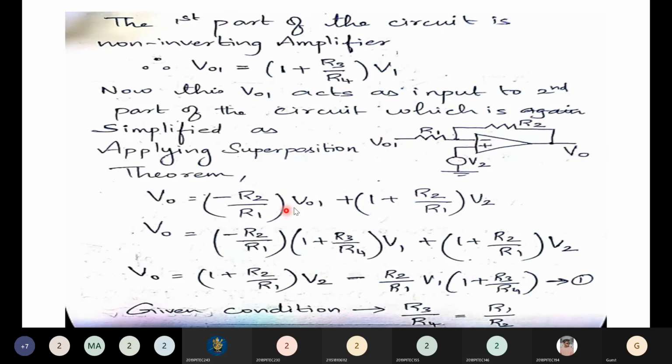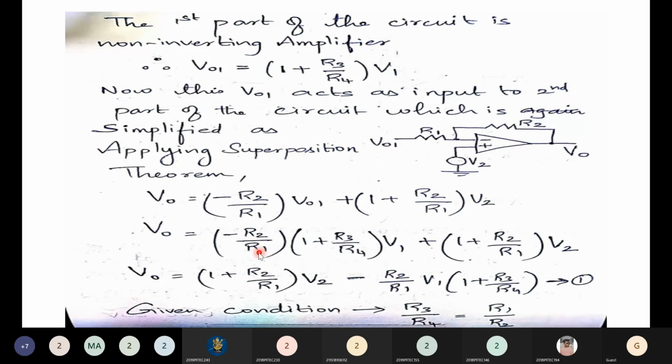Now when I consider V2 alone and make V01 grounded, this will look like a non-inverting amplifier. Input applied to the non-inverting terminal, inverting grounded through a resistor, feedback. The output of a non-inverting amplifier is 1 plus Rf by Ri times the input. So 1 plus R2 by R1 times the input.